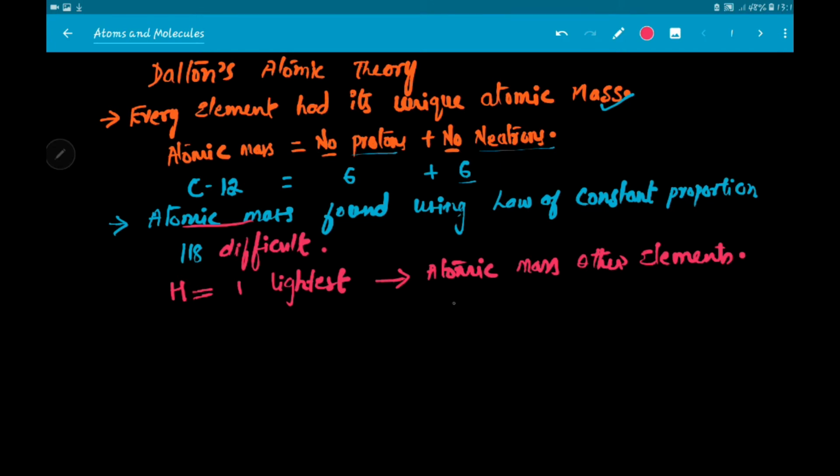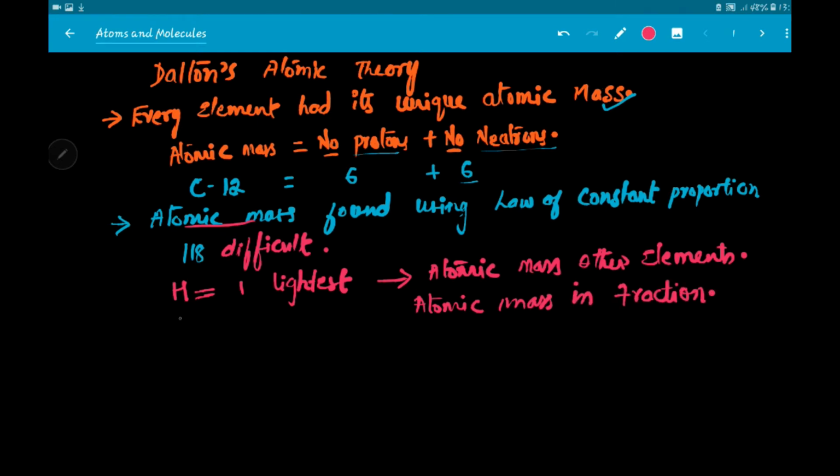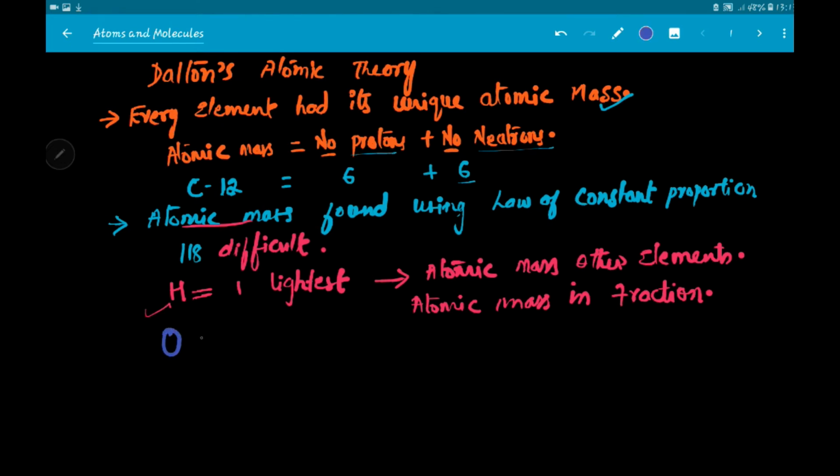But using hydrogen, the atomic masses of other elements came out in fractions. Therefore, hydrogen was discarded. Next, they used oxygen. They found that oxygen was highly reactive and it formed many compounds. So they got atomic masses in whole numbers by using oxygen.